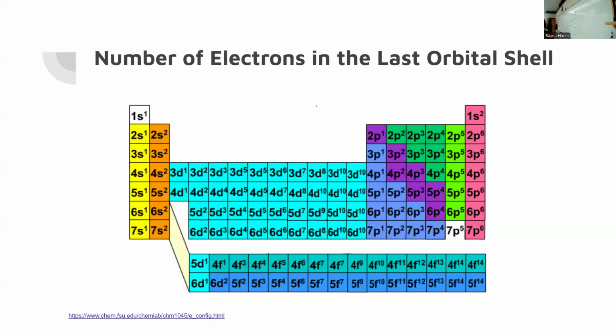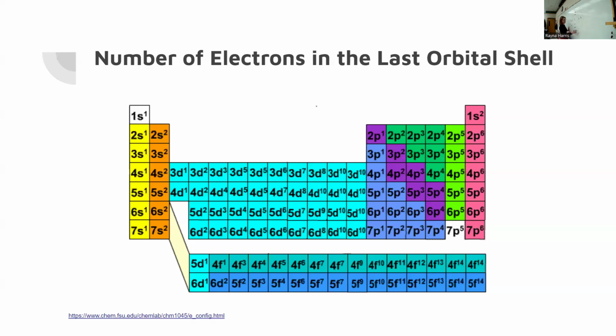Did anybody have gallium? Okay, so the proper way to draw gallium, and it's okay if yours did not look like this. To get to gallium, we're going to put 10 electrons in this third ring.